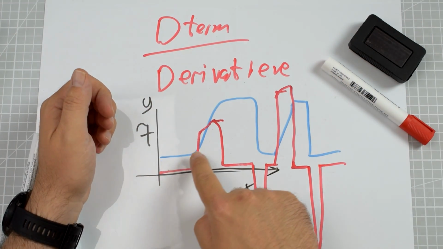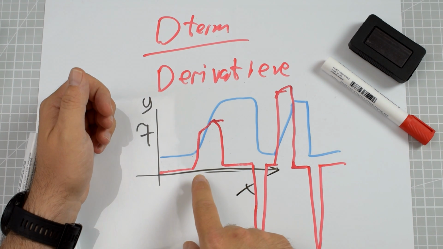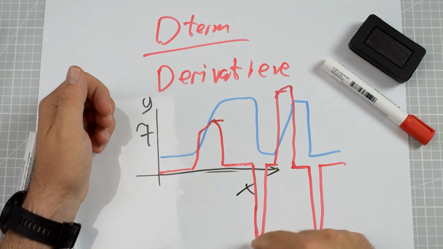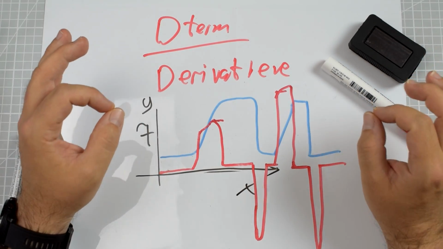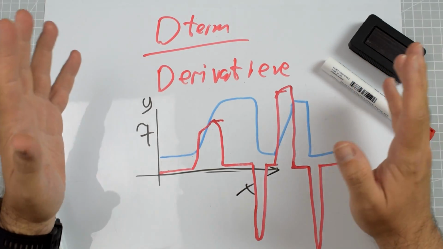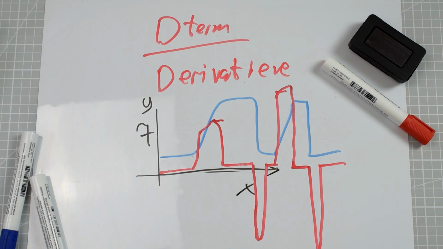Like here, the signal changed once, twice, but count how many times the computed D-term changed. 1, 2, 3, 4. So we can roughly say that the frequencies inside of the D-term will be roughly twice as high as the frequencies in the original signal.